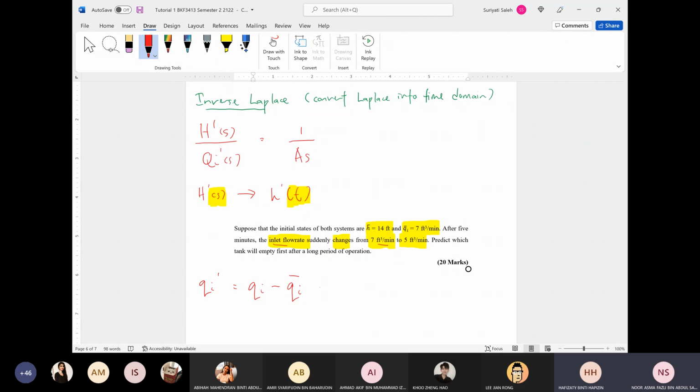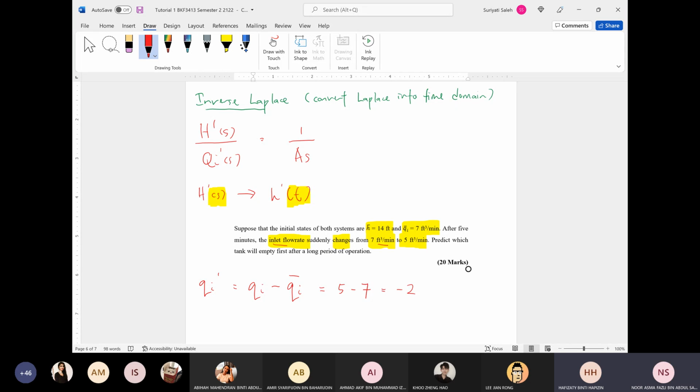So we can substitute the value inside our deviation form, where now 5 minus 7, you get negative 2. So this is what we call the deviation value. How the value is going to change.